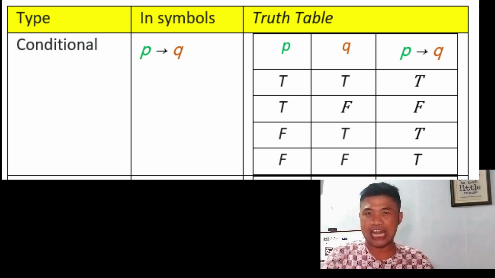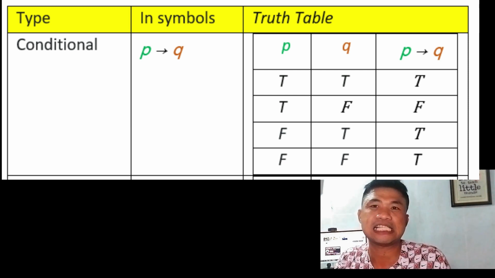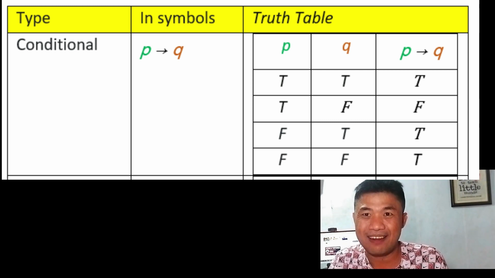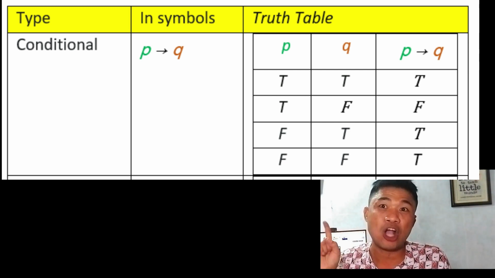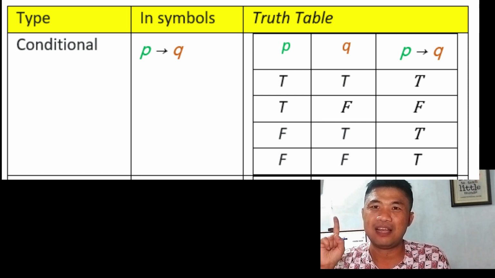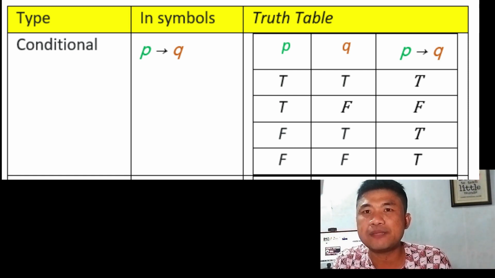In the biconditional, we can interchange, for example, to test the proposition. Take note, if P, then Q. If Q, then P. If they have the same thought and logic, then we can use the biconditional symbol, or biconditional connective, if and only if. What is the difference between the conditional and biconditional?